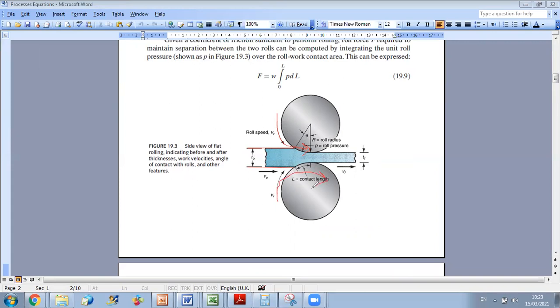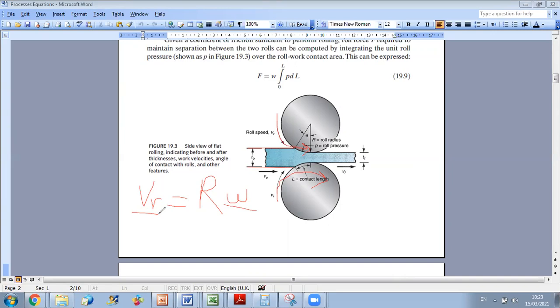The linear velocity of both is equal. The linear velocity of the rolls, VR, is calculated as the radius of the rolls R times omega, where omega is called angular velocity, and VR is called linear roll velocity.